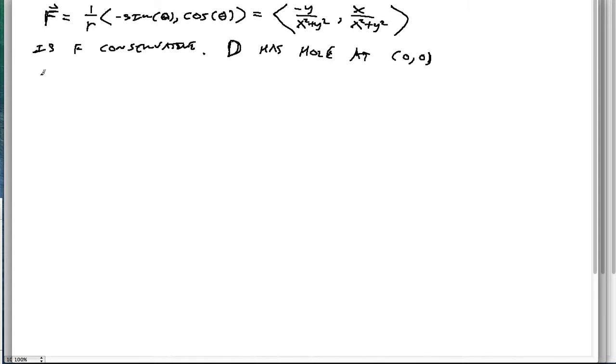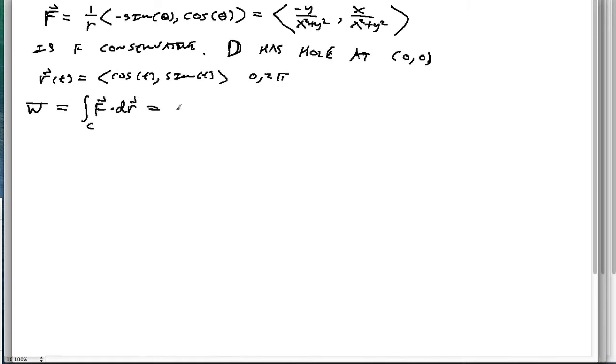All right, and that means that when we took that path r of t being the unit circle, going from 0 to 2 pi, when we did this work integral, it netted out to be 2 pi, which is definitely not 0, which indicated that we don't have an independence of path. So F is not conservative, right?